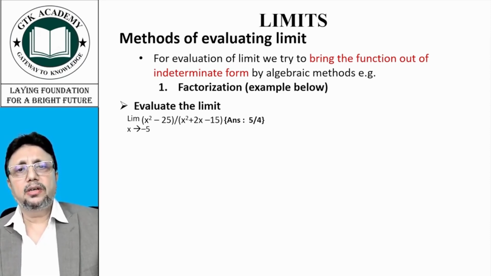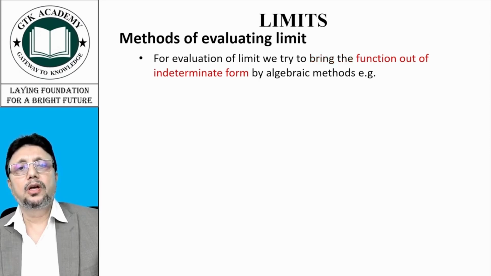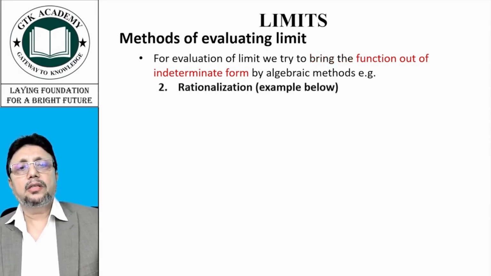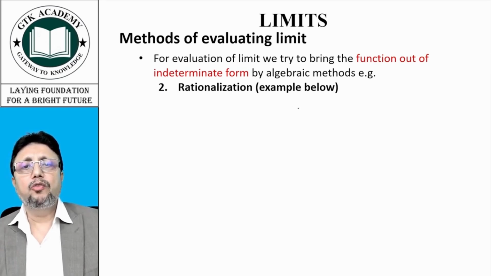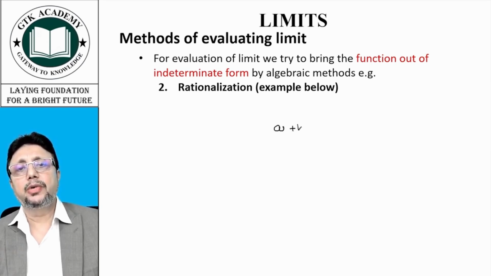Let's see one more method. The other method is rationalization, because everywhere it is not possible to get the factors. So what do we do? We rationalize either the numerator or the denominator. We multiply by the conjugate. What is the conjugate? Say if we have an expression a plus b, the conjugate of this is a minus b.